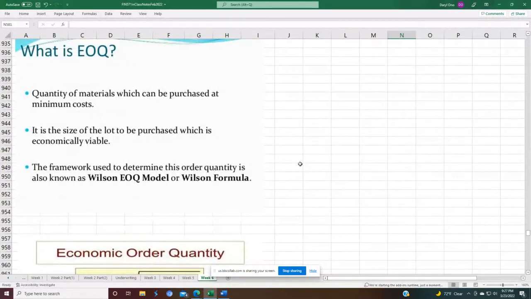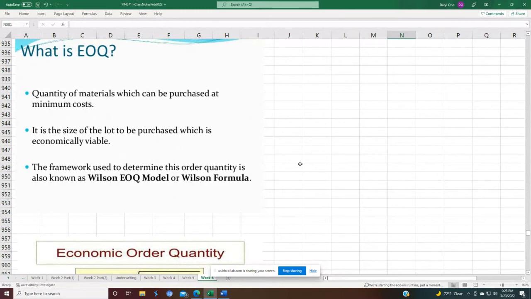Okay, so again, what is the economic order quantity? It's the quantity of inventory and material which can be purchased at minimum cost. It is the size of the lot to be purchased which is economically viable, which means that it works and you're going to minimize costs at the same time.